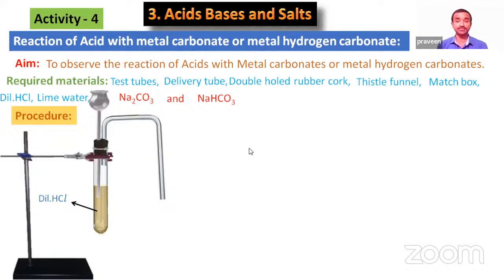Next, dropping the sodium carbonate. First, you can take sodium carbonate, a small quantity, say 0.5 grams or 10 grams, whatever it may be. Add that sodium carbonate into the HCl solution through the thistle funnel.